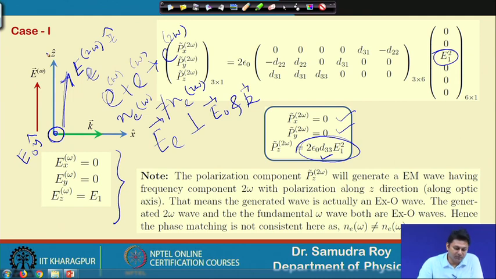So a second harmonic wave can also be generated along the z direction, but that will contradict the phase matching condition, where n of E at omega should be equal to n of E at 2 omega, which is basically not possible. So even though the terms are non-zero, we are not going to find any kind of second harmonic.